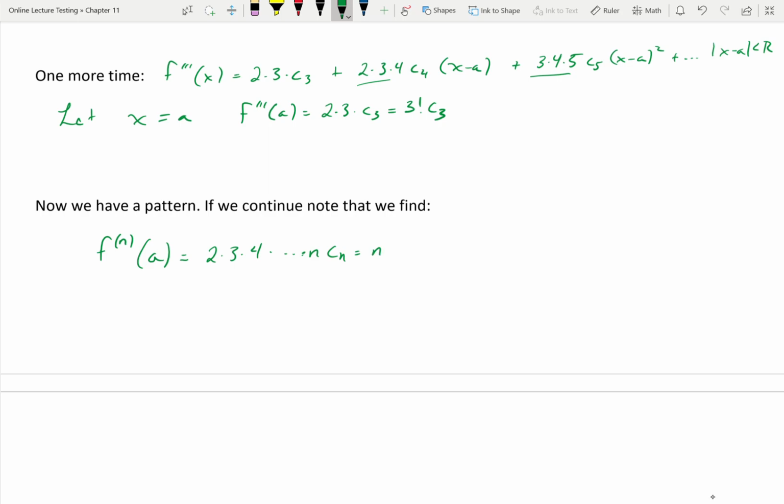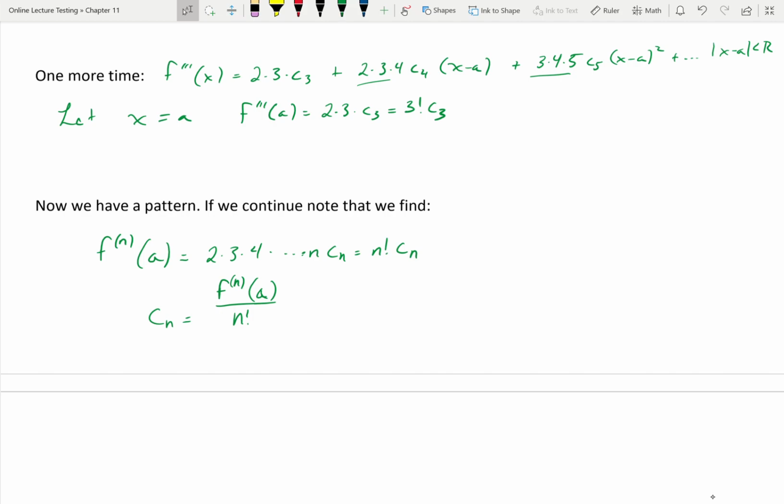Well, this is n factorial c sub n, which means if we solve for c sub n, remember, that's the thing that we were looking for, if we can find a pattern or isolate all our c sub n's in terms of f of x. If we solve this, we're going to get c sub n is equal to f sub n, the nth derivative of a, all divided by n factorial.